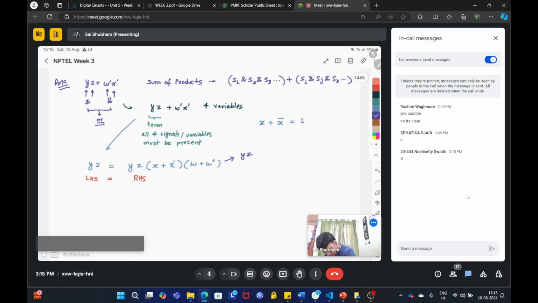Now for w dash x dash, we can write w dash x dash plus y dash into z plus z dash.